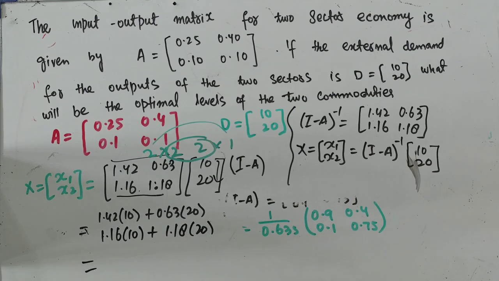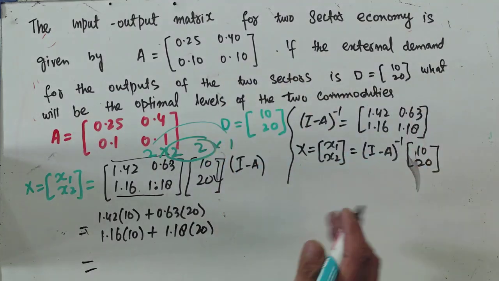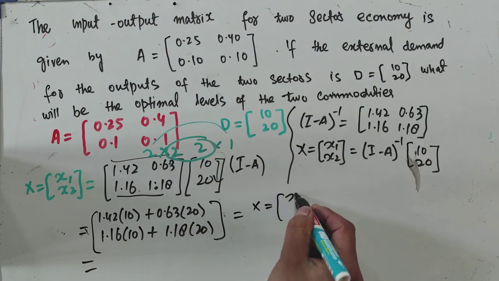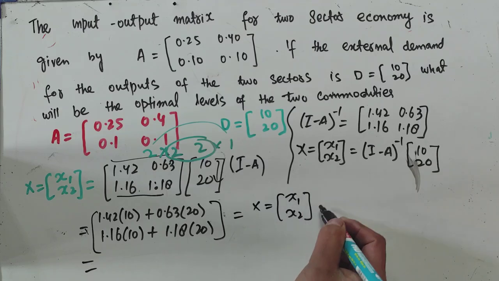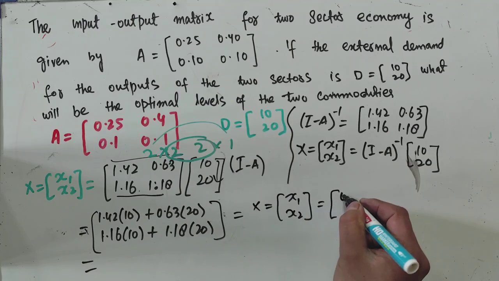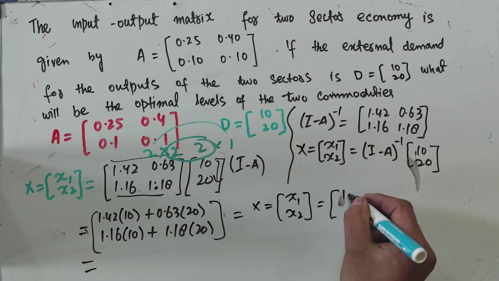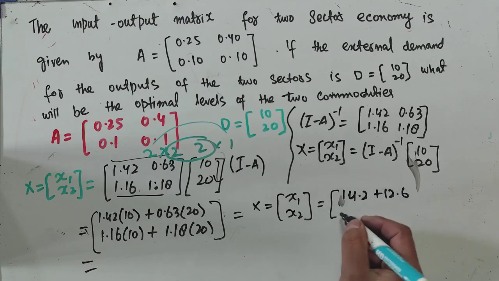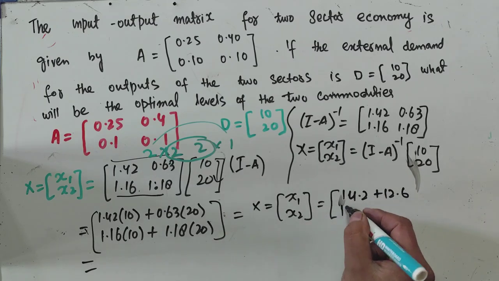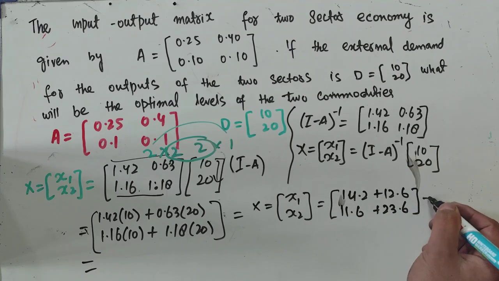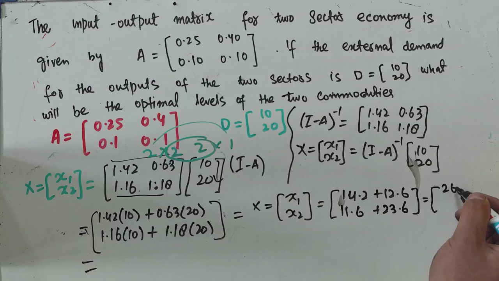Doing this, x, that is x1 x2, comes out to be 14.2 plus 12.6, and 11.6 plus 23.6, so adding them we get 26.8 and 35.2.